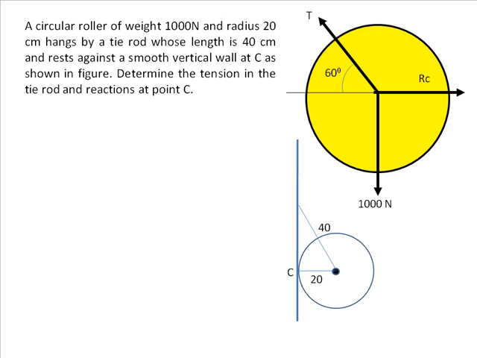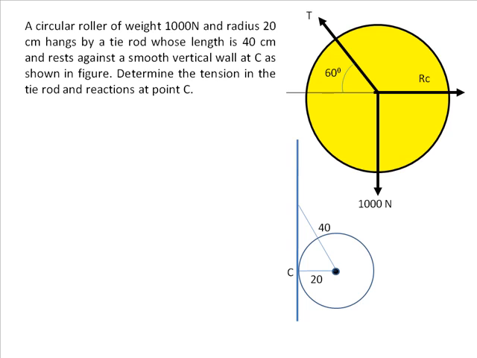Now how am I assured that RC passes through the center of the cylinder and not anywhere else? Well, I'm told that this cylinder is in equilibrium, it doesn't fall off. We can see it is kept in equilibrium by three forces, namely the 1000 Newton weight, T and RC. And if three forces keep a body in equilibrium, they have to be concurrent. That tells me that RC has no option but to pass through the center.